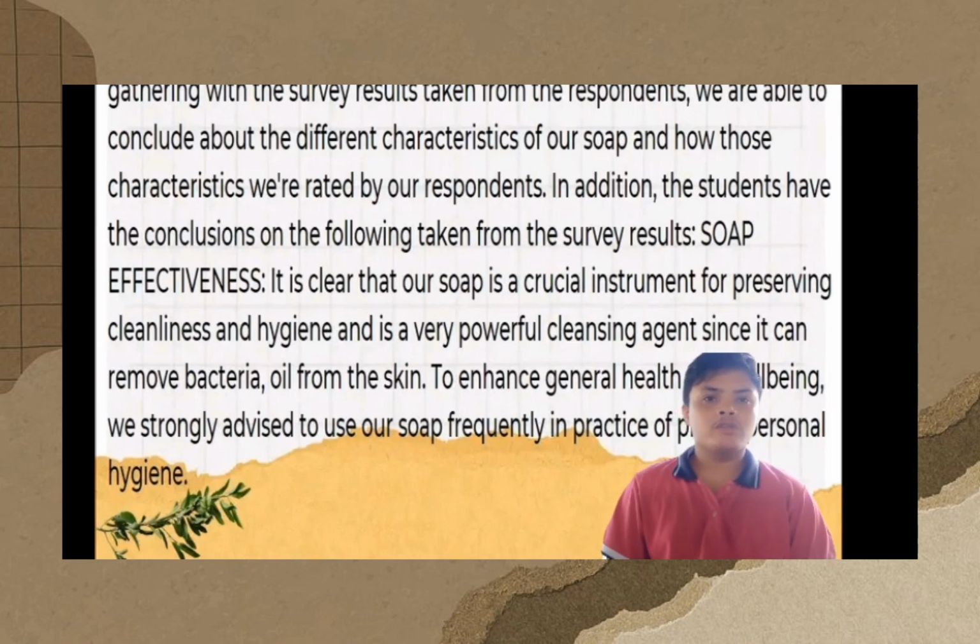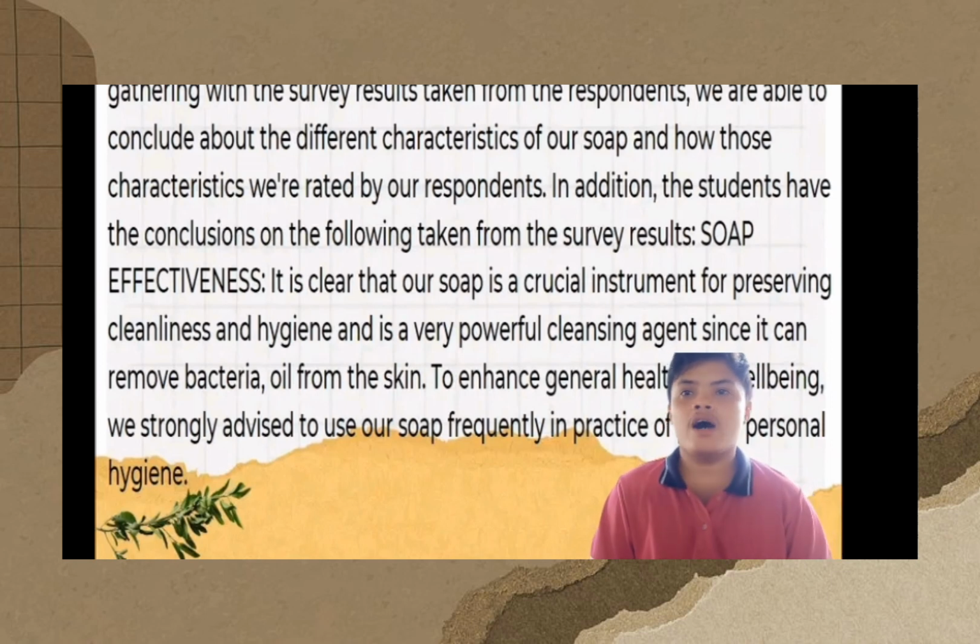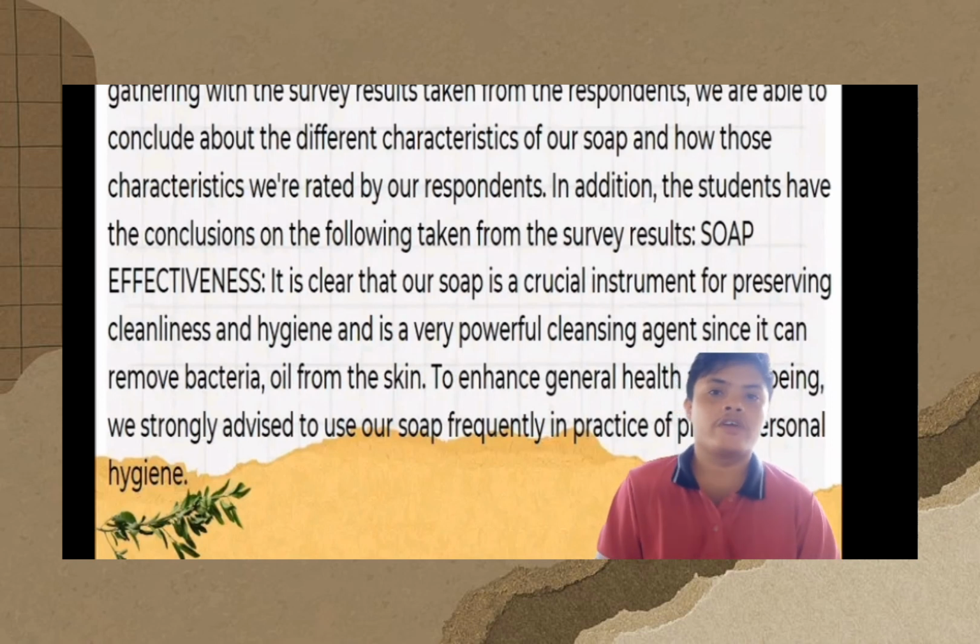So from the table gathered from the survey results, we are able to conclude about the different criteria of our soap and how those criteria were rated by our respondents. We concluded the following from the survey results.